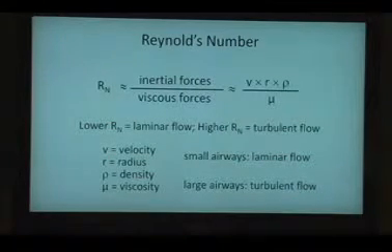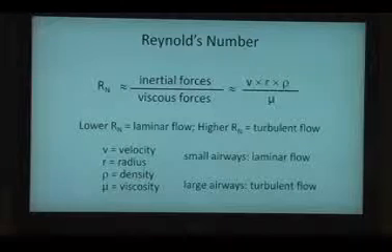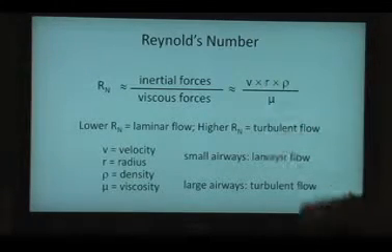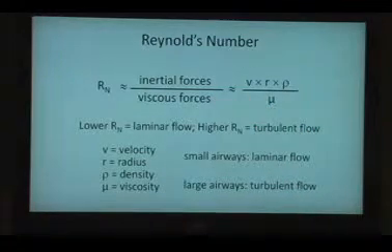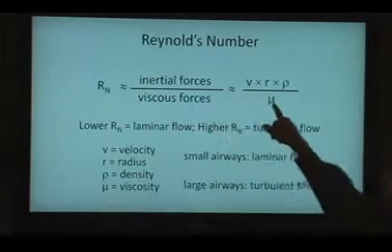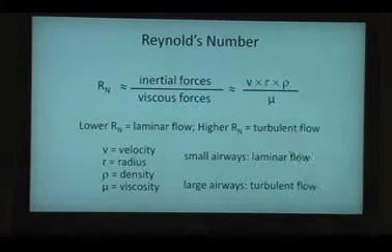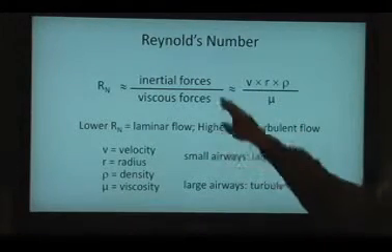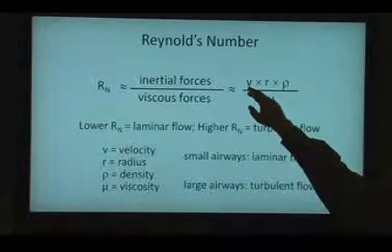So what will determine whether flow is laminar or turbulent? Well, this is determined by something called the Reynolds number, which is the ratio of the inertial to viscous forces. The viscous forces are determined by viscosity. So this mu, this Greek letter mu, is viscosity. Inertial forces are determined by the velocity of the flow.